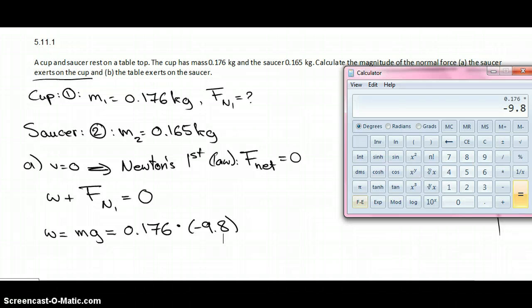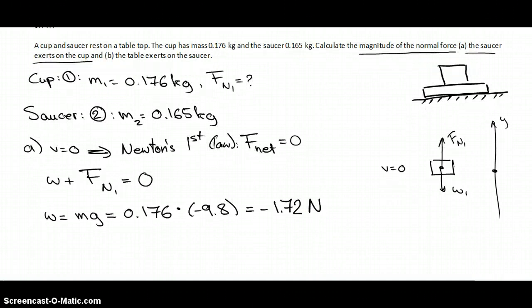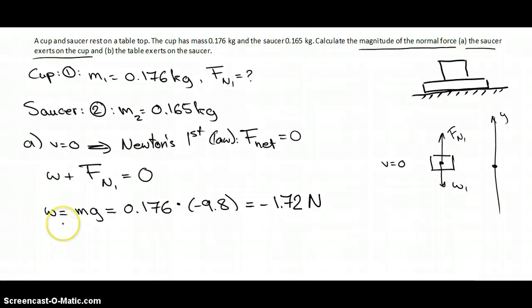Using my calculator, I'll find the weight to be negative 1.72, and I'll use three significant figures, because they gave me 3 significant figures. And the unit is not kittens, it's newtons. So that's the weight. Now I'm ready to substitute.